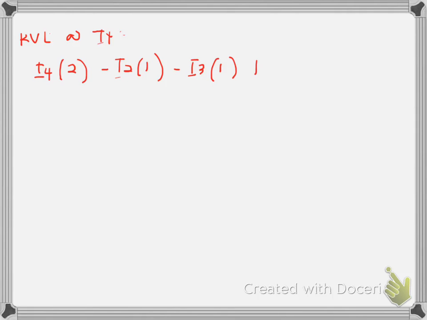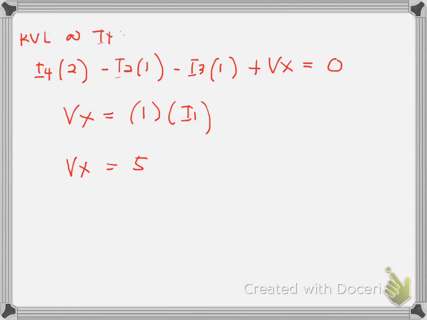And then KVL at I4, we have I4 times 2 minus I2 times 1 minus I3 times 1 plus Vx equals 0, and so we have Vx equals I1 times 1, and so finally Vx is equal to 5.099 angle negative 101.31 volts.